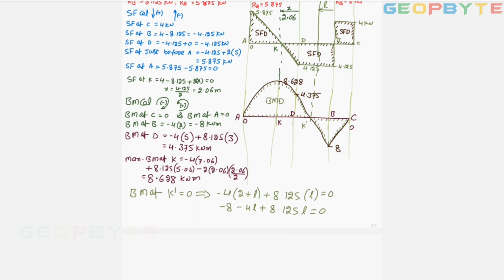So 4.125 L equal to 8. Therefore L equal to 8 by 4.125. Simplify this value.